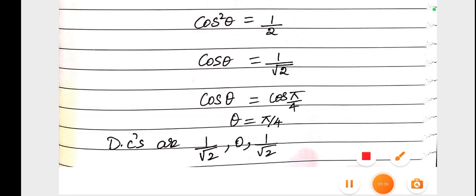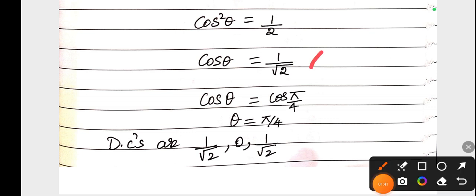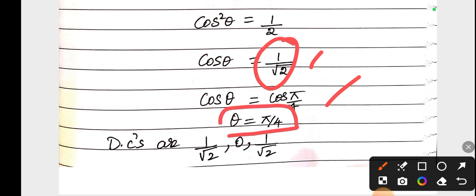Then cos theta is 1 by root 2, children. When 1 by root 2 comes in cos, you check: cos 45 degrees, so cos pi by 4. So theta will be 45 degrees, that is pi by 4.